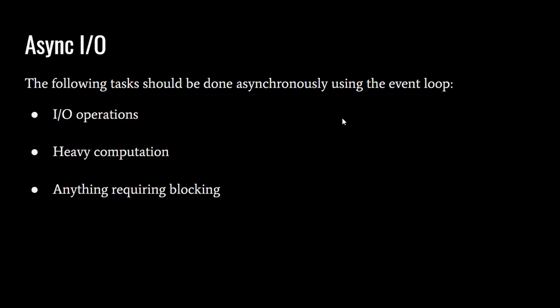So async IO. The following tasks should be done asynchronously using the event loop. Heavy IO operations, heavy computation, anything that requires blocking. So very big operations like streaming a huge file, dealing with big data, dealing with heavy computation, right?